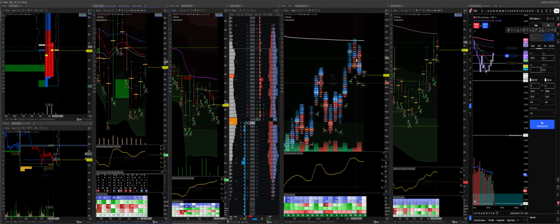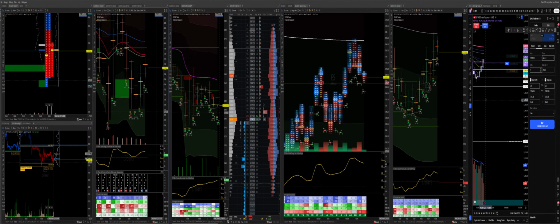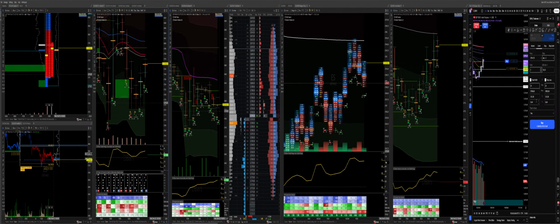Cold over here. Previous day POC retest. Might be possible to take a short in here.